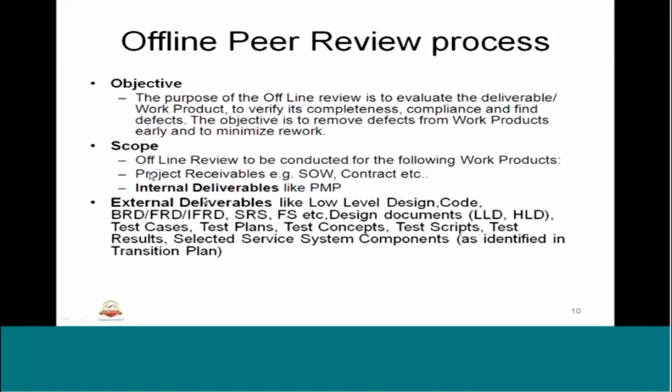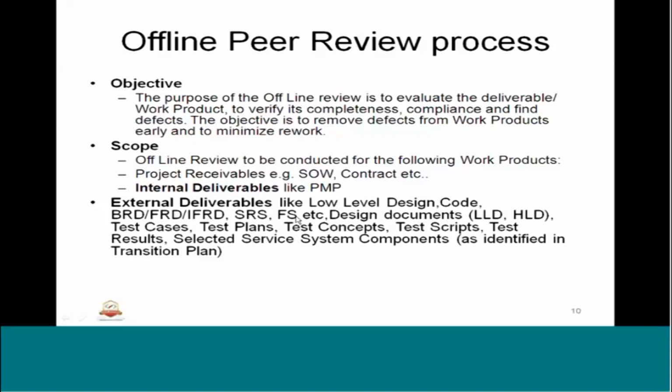That is what the offline peer review follows. This is one example that we have put. And internal deliverables such as PMP, project management plan, basically. So these can also be offline reviewed. And as a result of the offline review process, we have external deliverables like low level design, code.